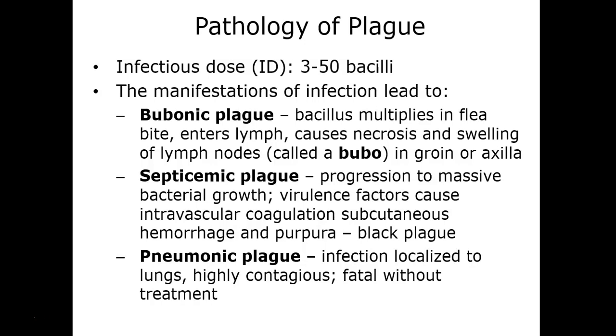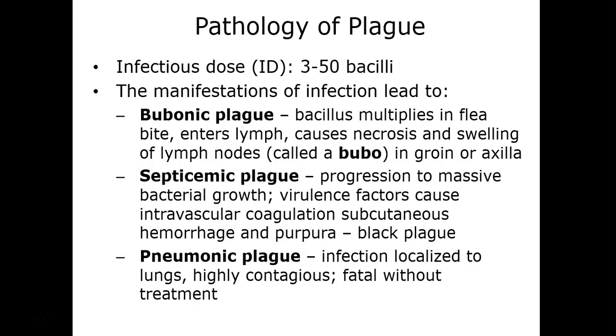The pneumonic plague is the form that the sputum is actually contagious during this particular phase, and the infection is localized to the lungs, extremely contagious and extremely fatal if left untreated. The septicemic plague, on the other hand, is one where the organism starts to spread throughout the body, and this is often the form that we refer to as the Black Death.